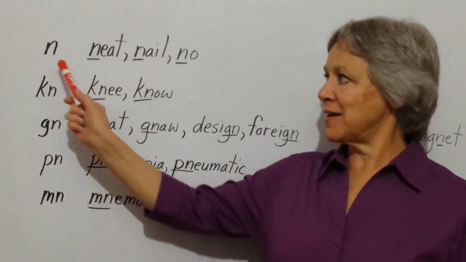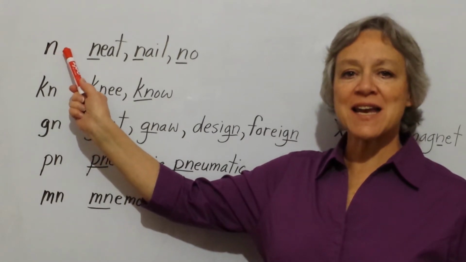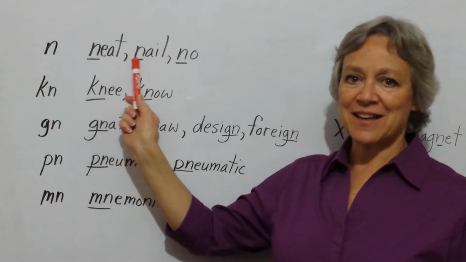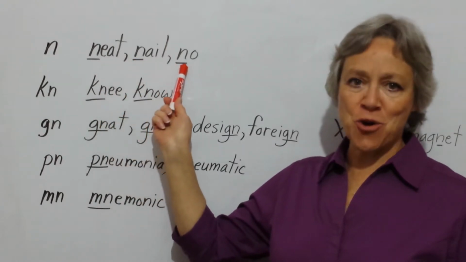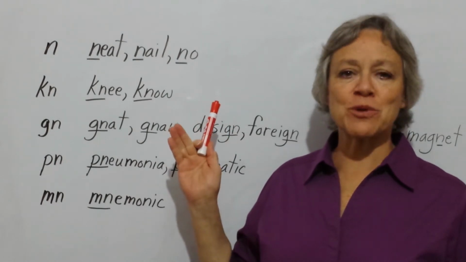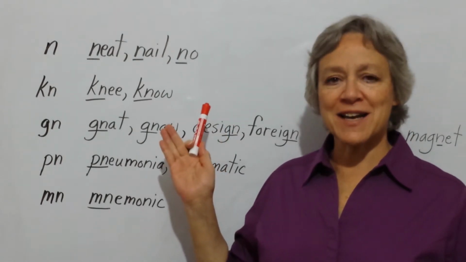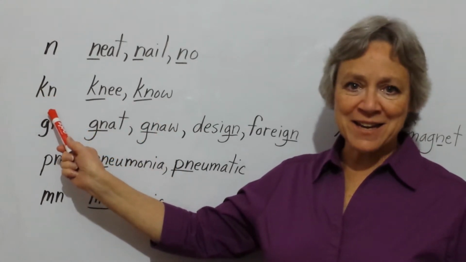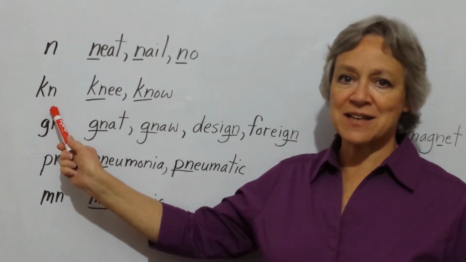The letter N makes the N sound, as in these words, neat, nail, and no. But the letter N also often occurs with other letters to make the N sound. The letters KN make the N sound.